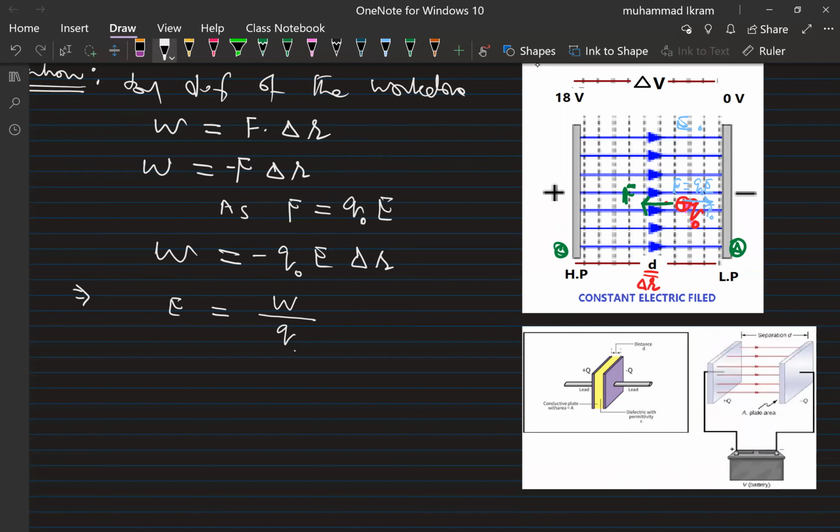That is, E is equal to the work done per unit.